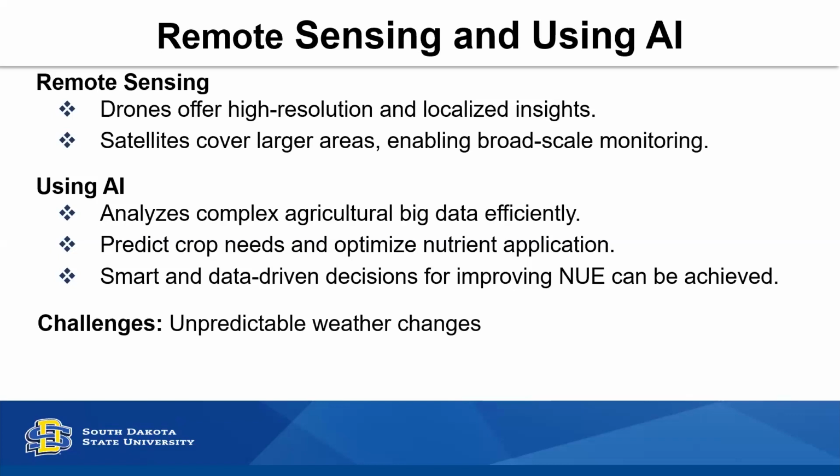So the challenge is unpredictable weather changes, but when we use the nitrogen-rich spots, we could somehow overcome these unpredictable changes. It means no matter what the weather is going to be, hot, warm, wet, dry, we will have something there from the plants to observe the situation and conditions and send us a signal that I am doing good, or if you provide me this much nitrogen, I can do better.